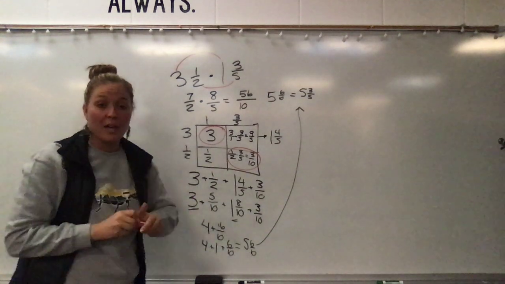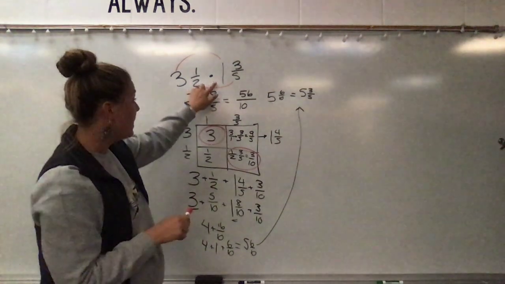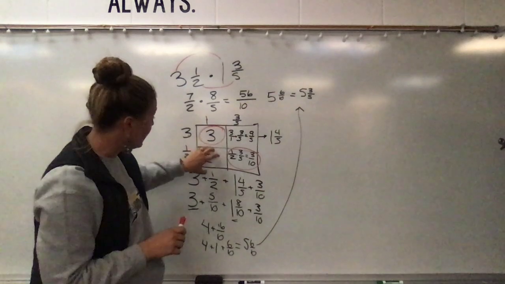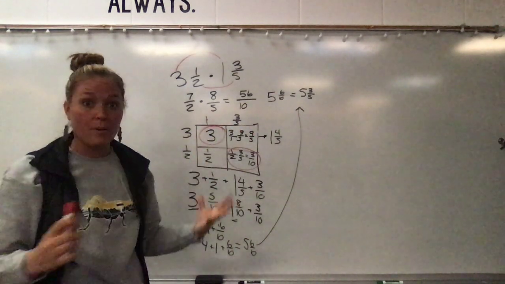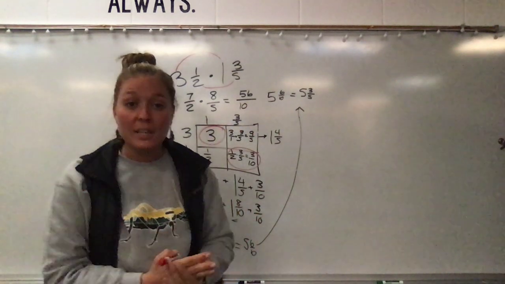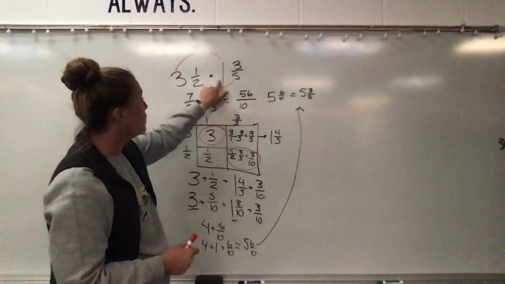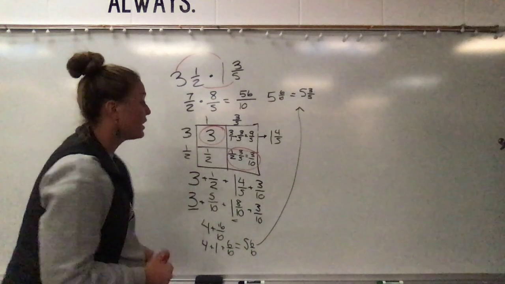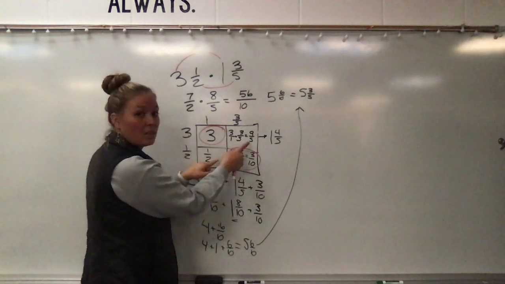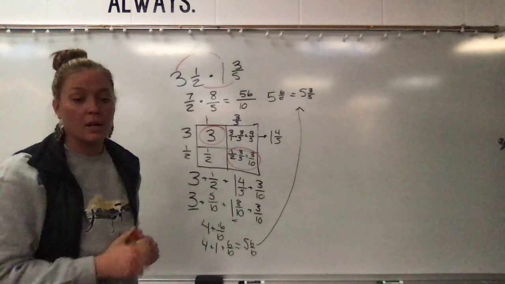If you multiply using that strategy here, you totally don't get these two sections. You forget them altogether. So please do not, when you multiply mixed numbers, multiply the whole numbers and multiply the fractions, because you are missing these two parts of our box method.